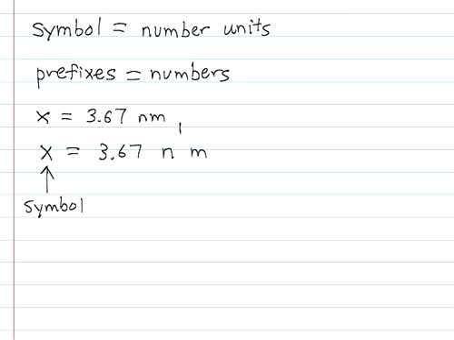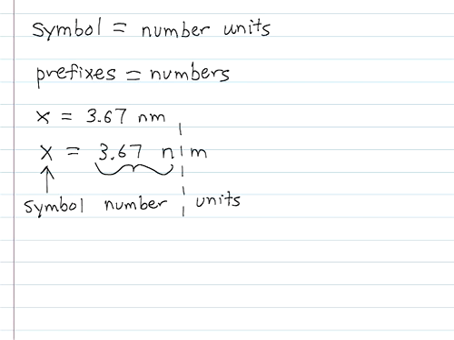And then I'm going to put a dashed line here between the letter N and the letter M. So all this stuff here, the 3.67 nano, that's the number. And meters are the metric units of position. So those are the units there.